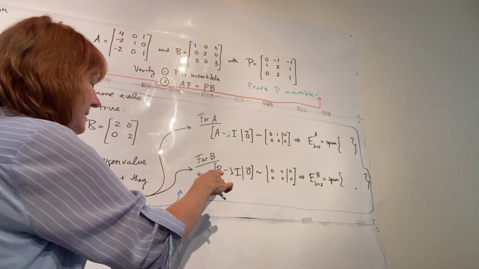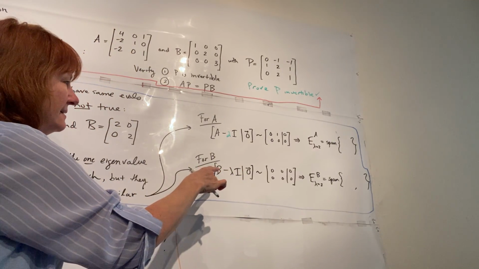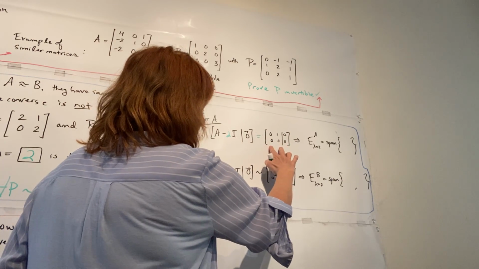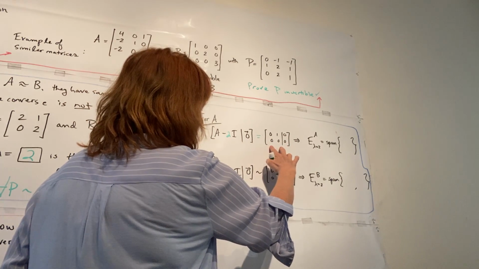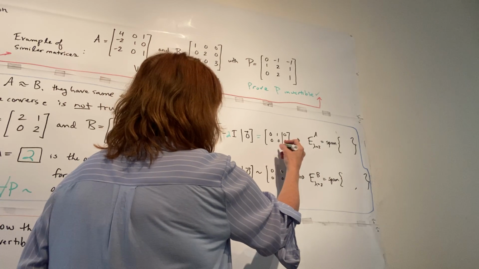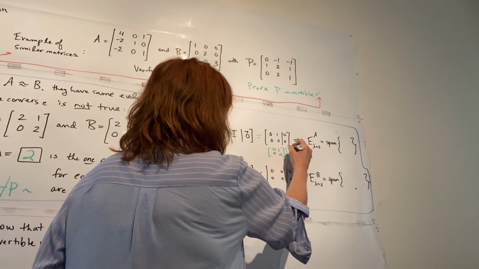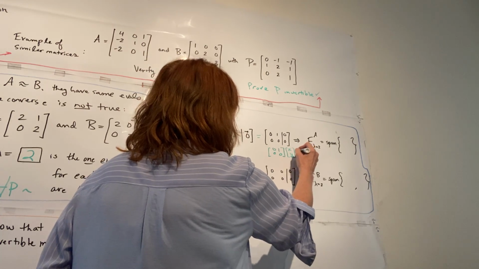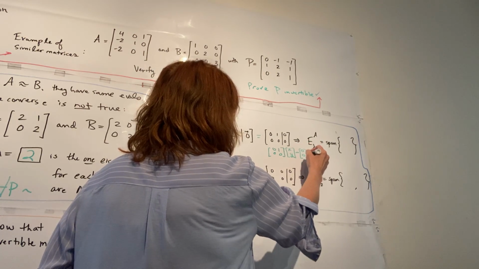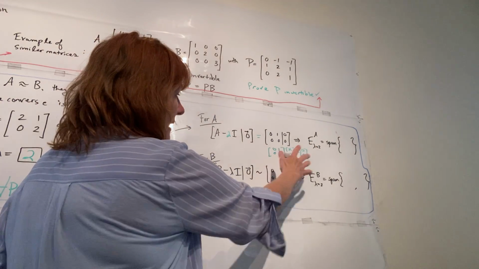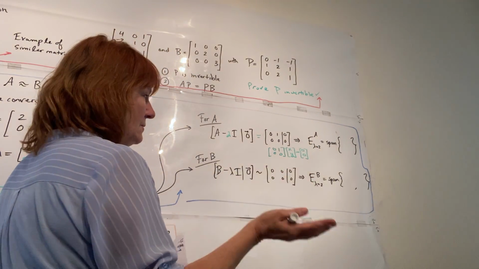And if you look at it and ask yourself, what x, y solve that? If you have 0, 1, 0, 0, times x, y equal to 0, 0, what does that tell you about x and y? Well, y has got to be equal to 0, but x, no restriction on x.